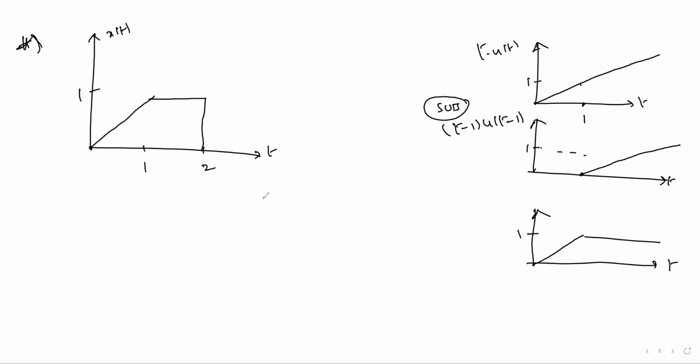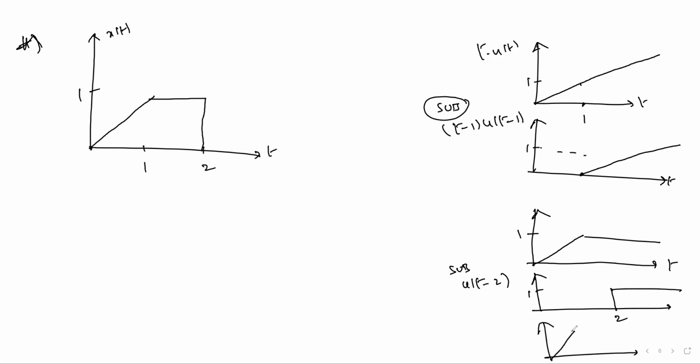Then we need only up to 2. So again, here u of t minus 2 signal. If I subtract this one, what I will get? This.